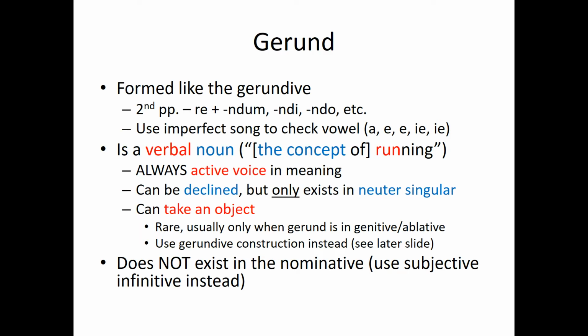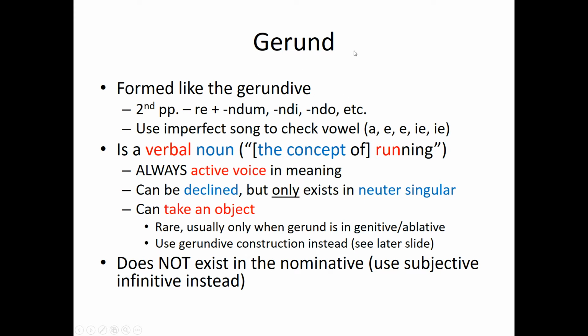Now, the gerund is one we have not technically learned, although we kind of have. The gerund is formed exactly like the gerundive. So it's the second principal part, the present stem, with undus added on to it. Except you'll see here that it says specifically we're only using undum, undi, undo, and we'll talk about why that is in a second.